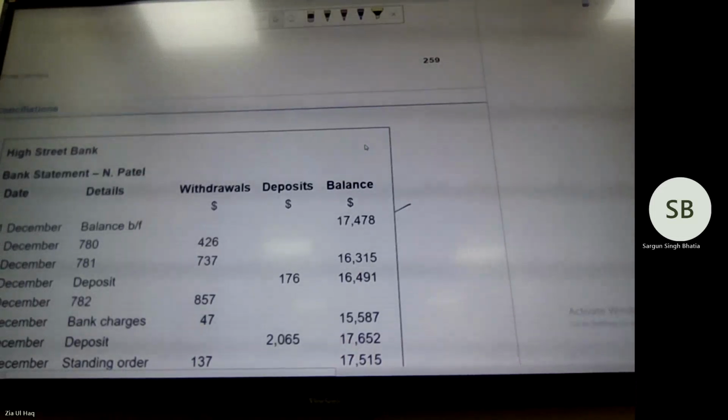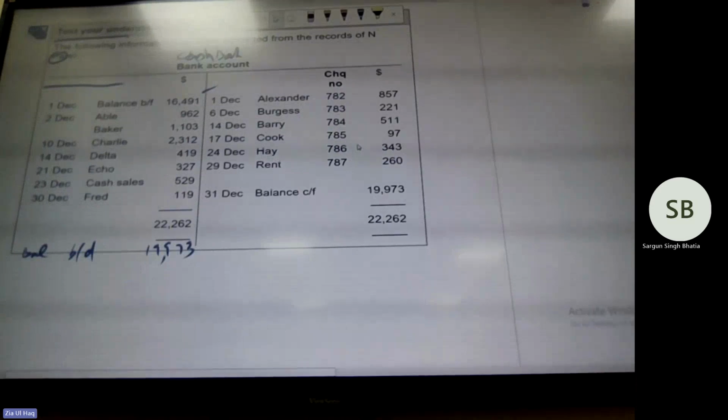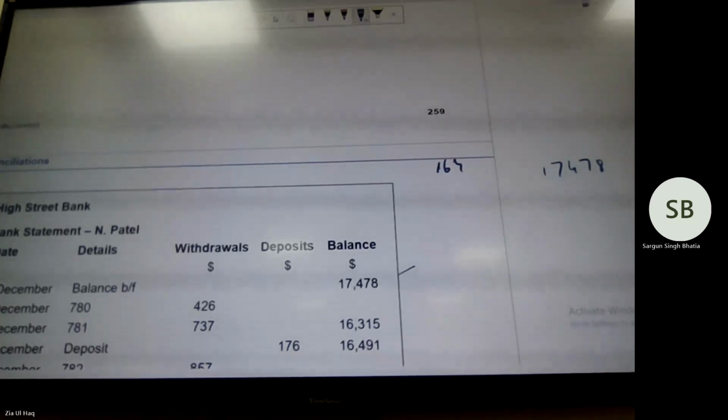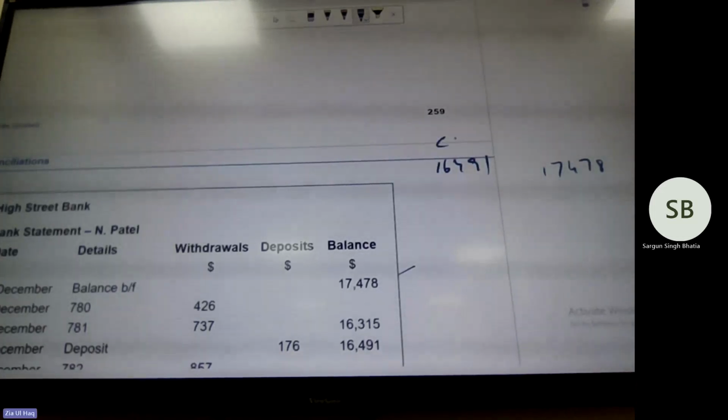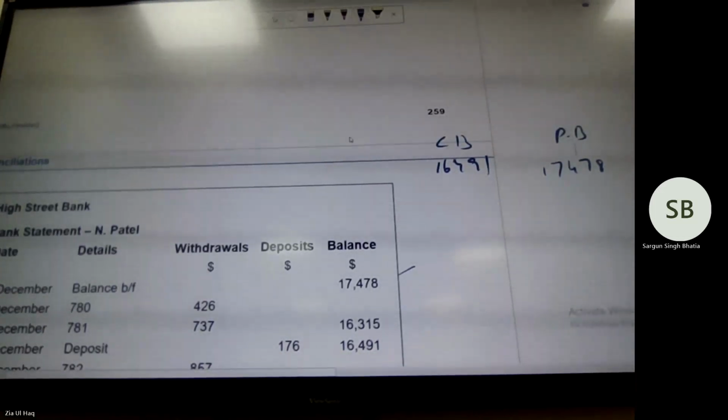The bank statement is showing 17,478, while the balance here is 16,491. This is the cash book balance. This is the passbook opening balance. So these two balances are different.